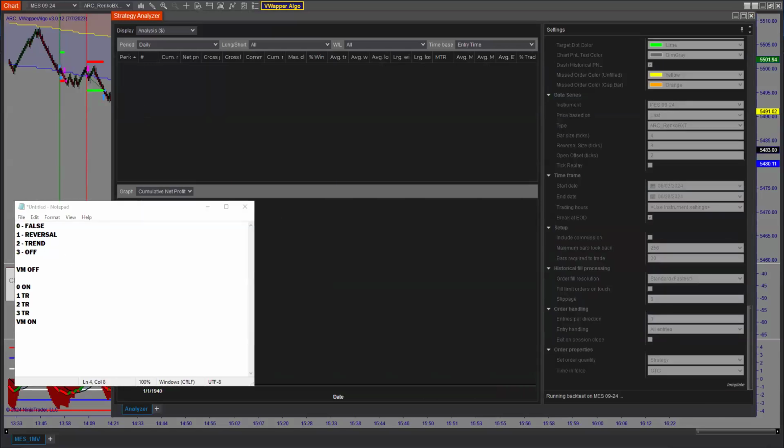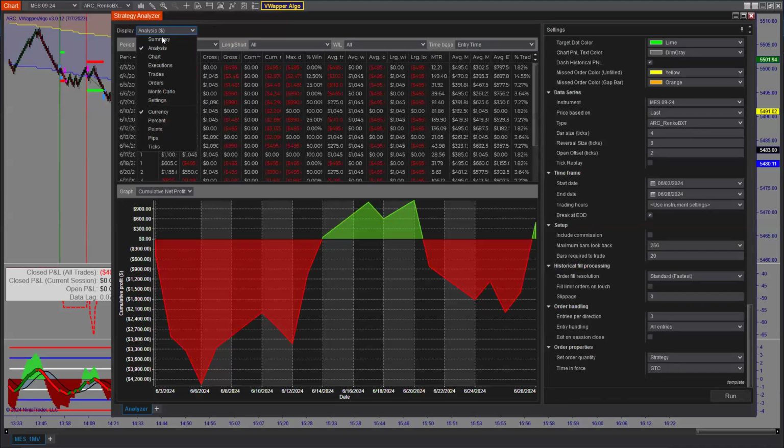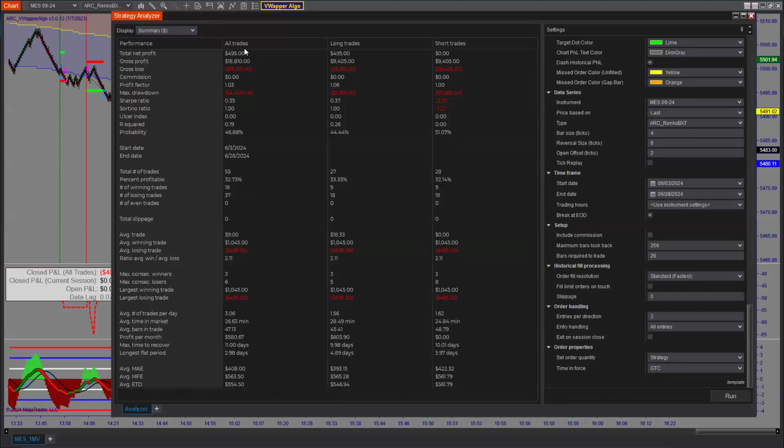If it's really good, I don't need to optimize it. If it's not, I need to optimize it. Okay, not good, right? Breaking even. So I need to optimize.